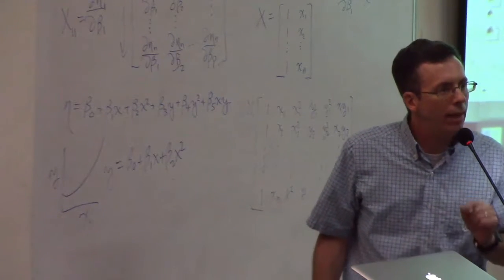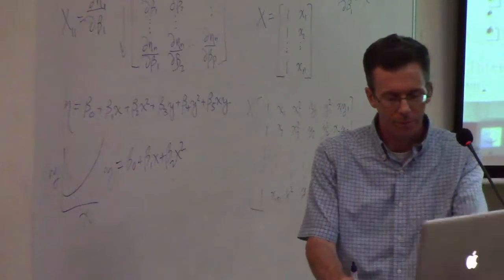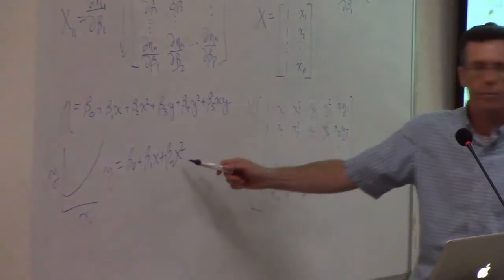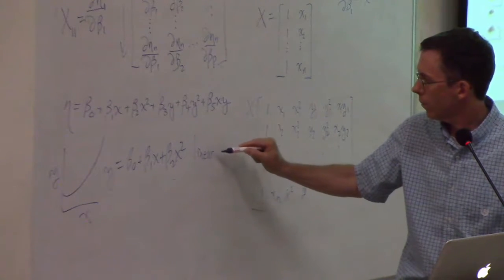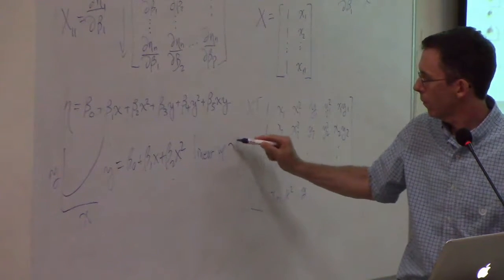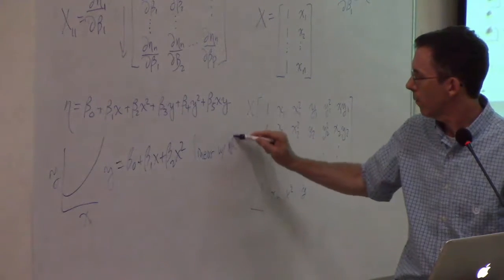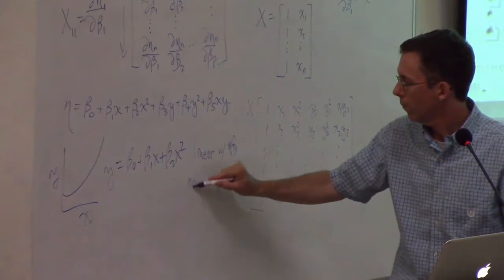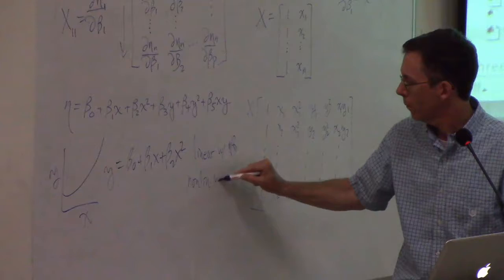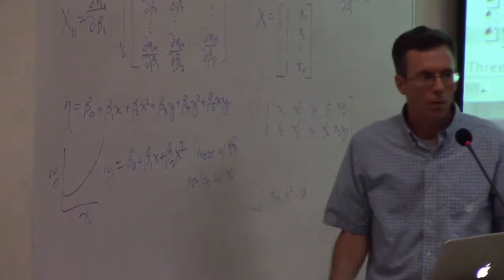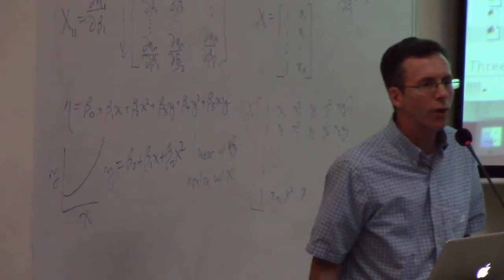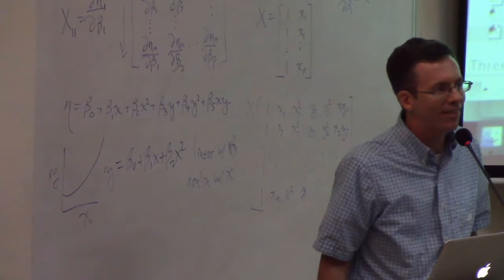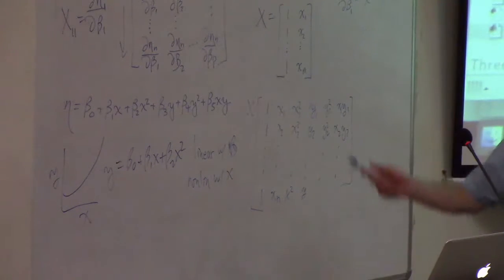So with respect to the betas, it's linear. We don't care if it's nonlinear with respect to x, because we're not trying to find x, we're trying to find beta. Okay? Does that make sense?